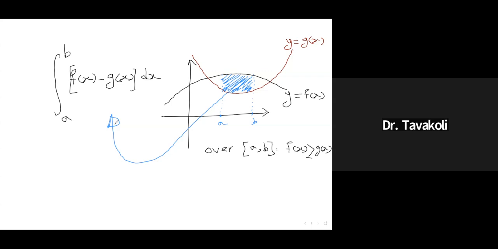But other than that, usually we get a positive area, but definitely we don't get a negative area. If the two functions are the same, the area is 0. But if the two functions are not the same, the area is positive. But we'll never get a negative area.